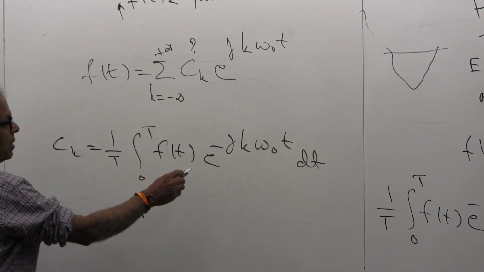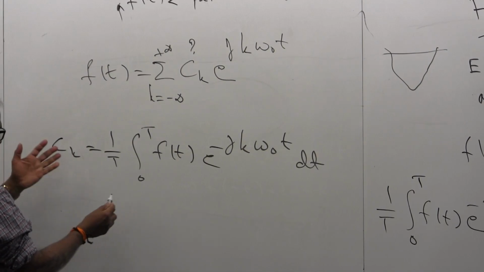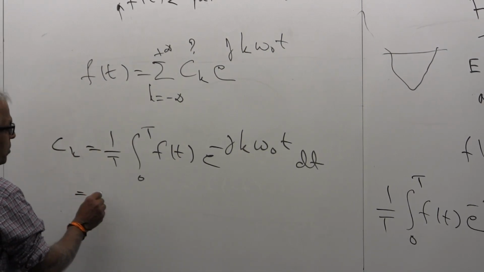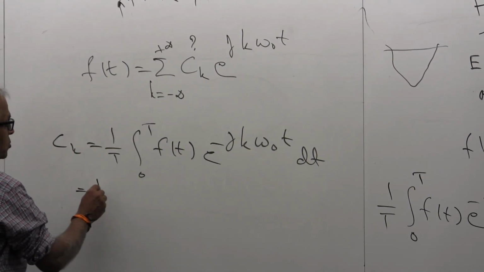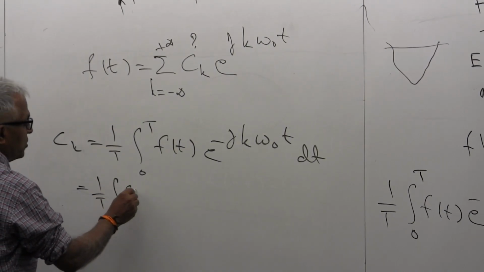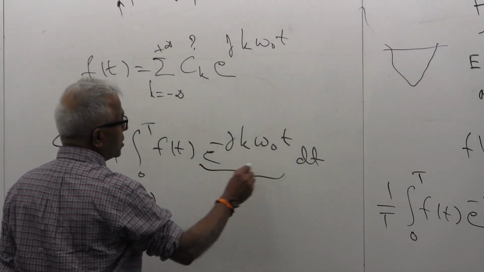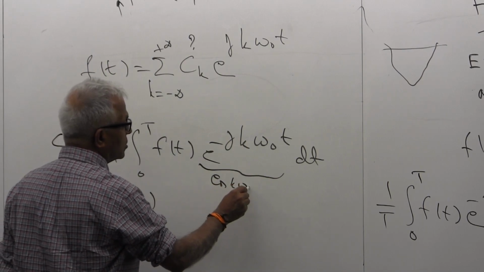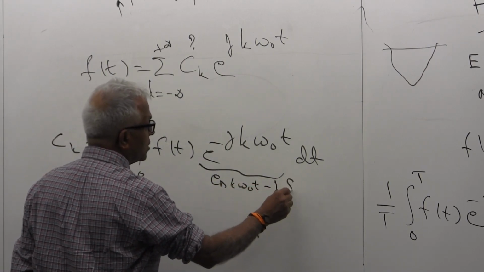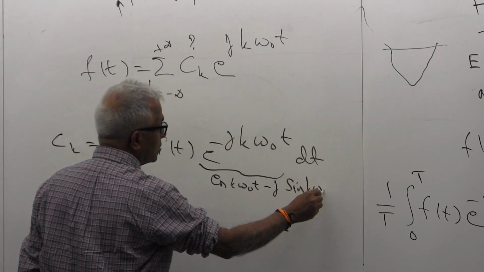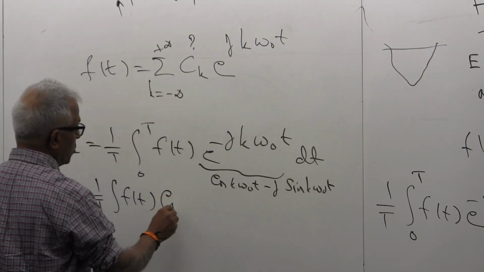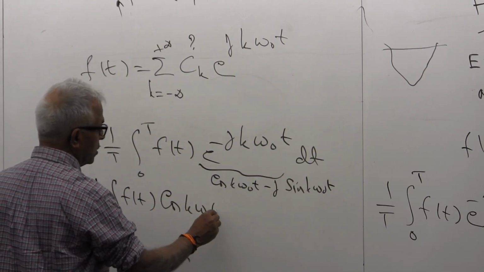Now you can see that in general this amplitude will be complex because you have two parts, right? Integral f(t). You can write this as cos k omega naught t minus j sine k omega naught t. So this will be cos k omega naught t.